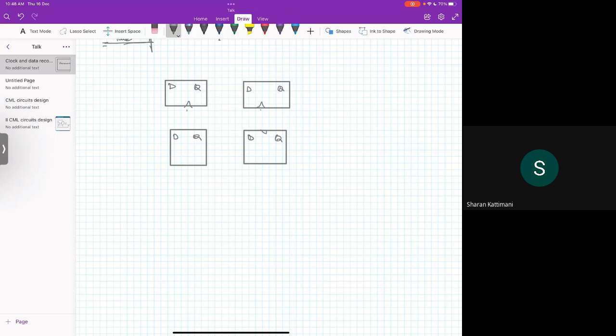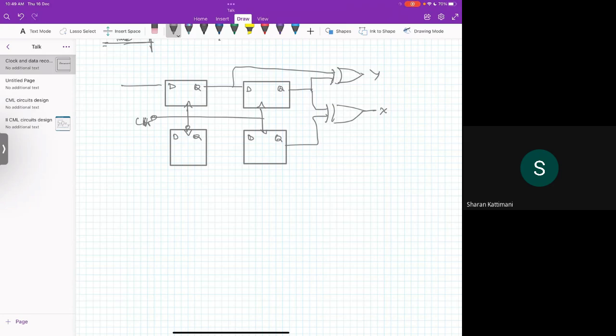So here it is opposite clocked, and this is clock. Okay, and then you will apply a data. This is X, and this is Y. So Y is S1 XOR S2.